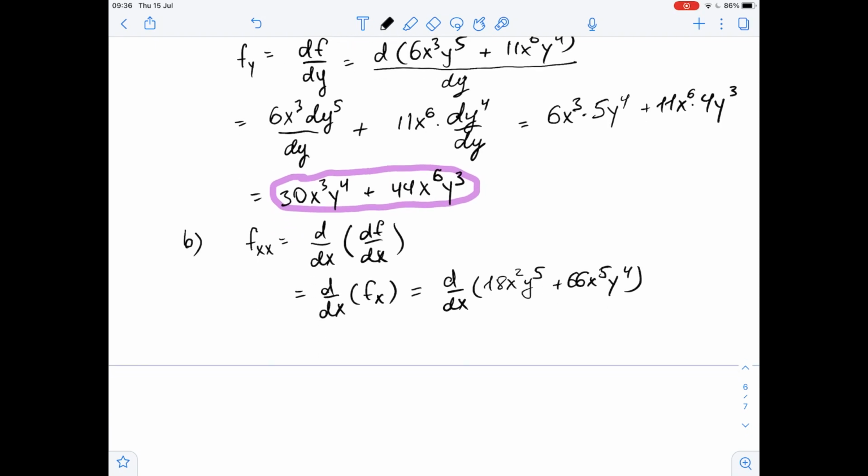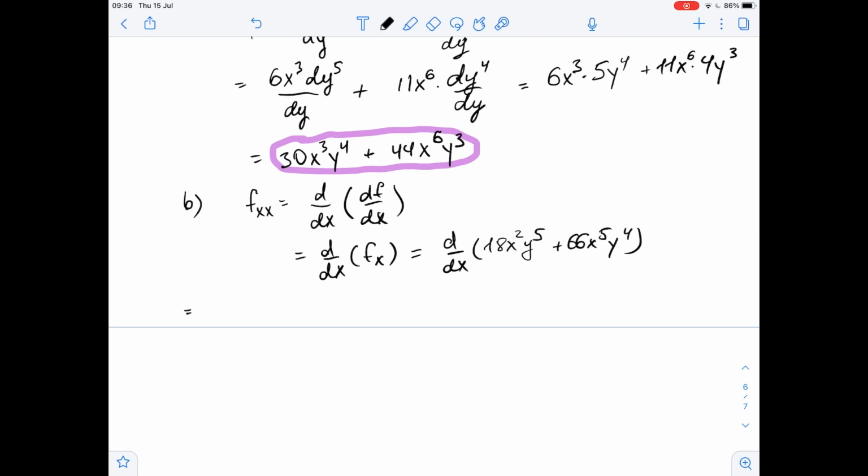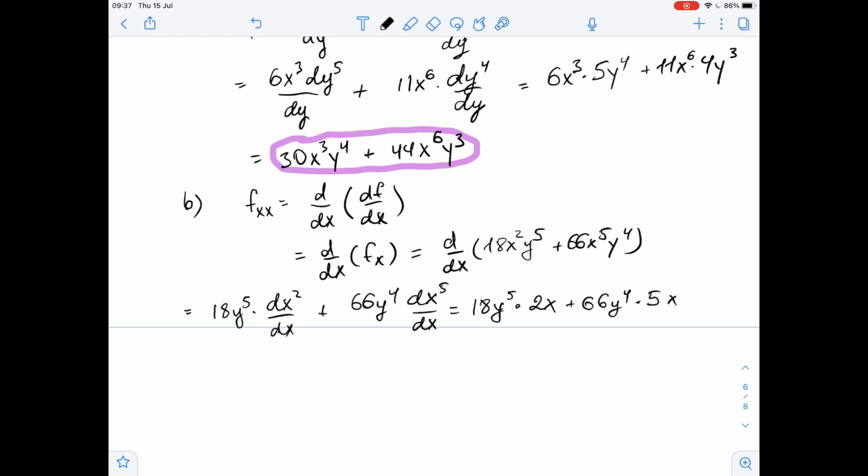Let's simplify it. We get 18y to the 5th power times d x squared over dx plus 66y to the 4th power times d x to the 5th power over dx, and we get 18y to the 5th power multiplied by 2x plus 66y to the 4th power multiplied by 5x to the 4th power.